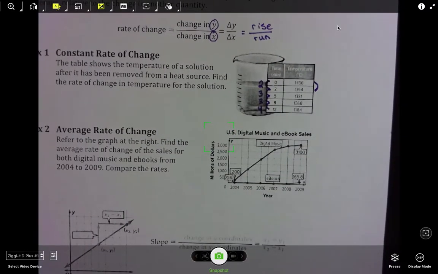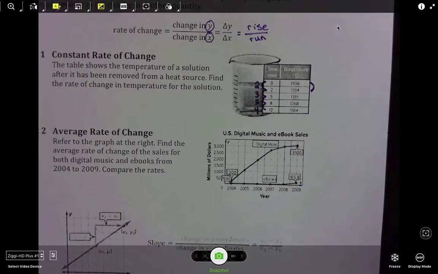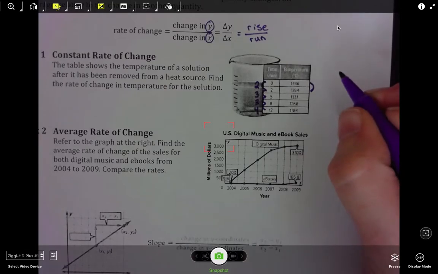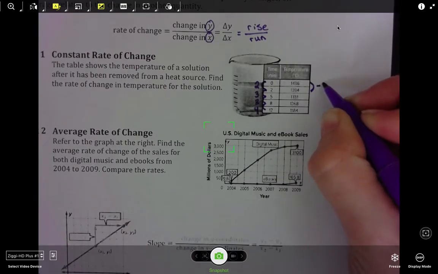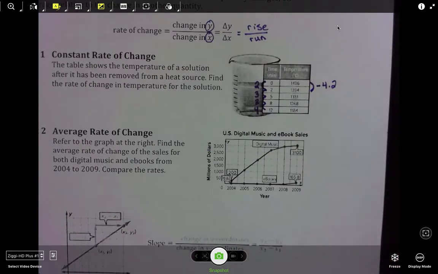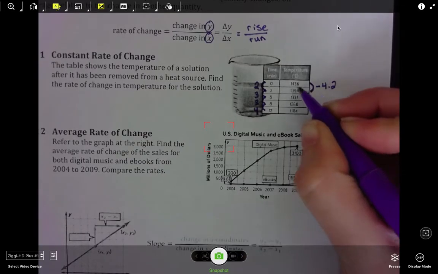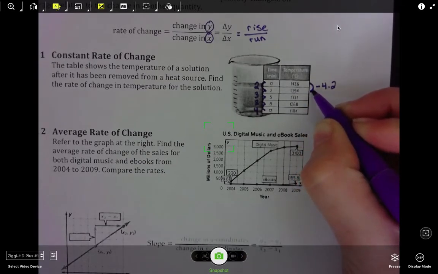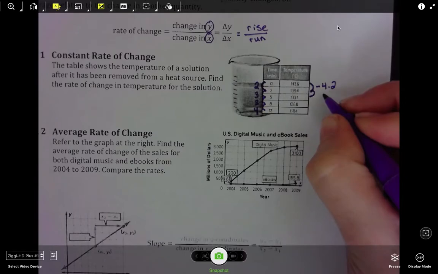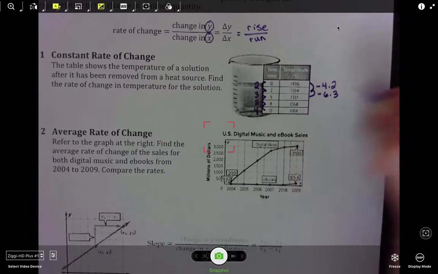Now, looking at temperature and how temperature is changing, from 143.6 degrees to 139.4 degrees is a drop of 4.2 degrees. If you do that on your calculator, it's going down 4.2 degrees. Going from the second to the third, so 139.4 to 133.1, that's a drop of 6.3 degrees.